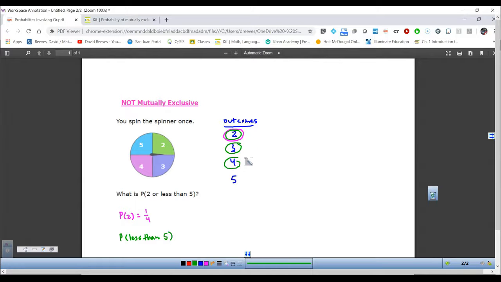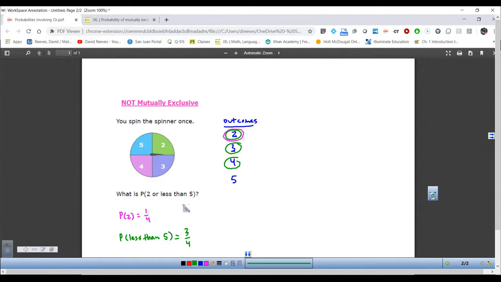Well, what do you notice about these colored circles? Number 2 is circled by both, right? So 2 occurs here, and 2 occurs here. By the way, the probability that it's less than 5 would be 3 out of 4.